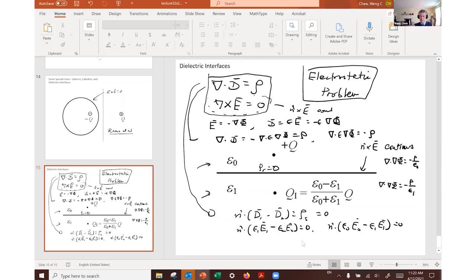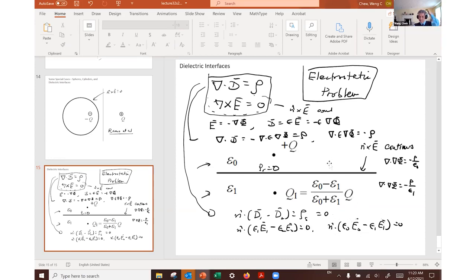If you solve it, it's quite difficult to do, but it can be solved using the image theorem. You can put the image to have this strength, and it will produce an electric field in the whole of space. Then you can put a source at this point, and it will produce an electric field in the whole of space. You can add the two solutions together, and you will find that both of them together satisfy this boundary condition.